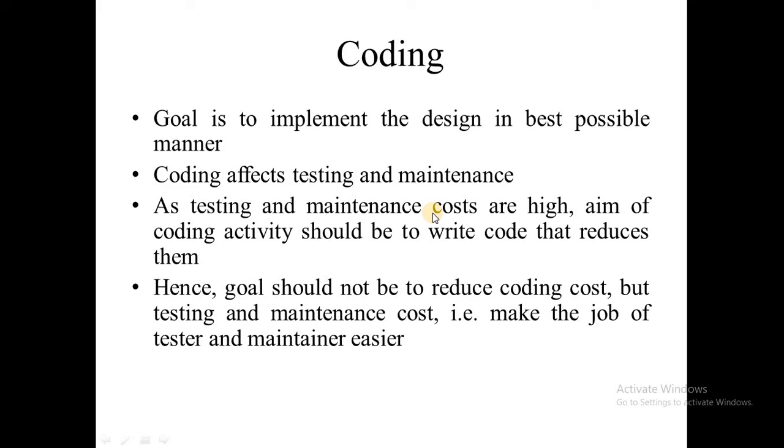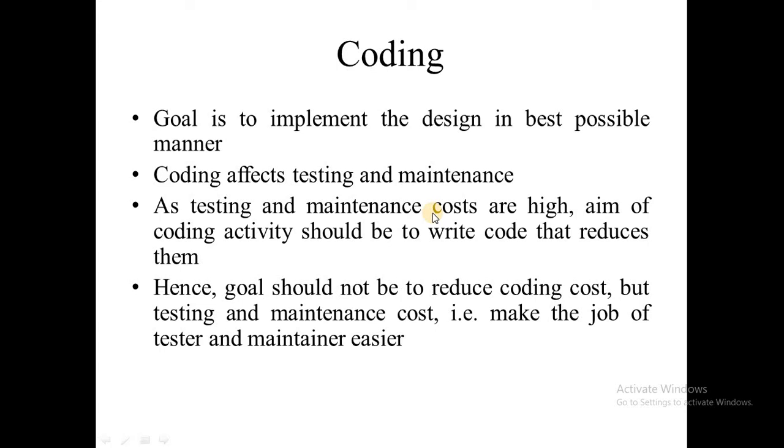Not only implementing the design in the best possible manner, another major goal of coding is that it should not affect the next phases, like testing and maintenance. The reason is, if any technical errors or issues happen in the coding phase, after the software product is completely built, it obviously affects the testing and maintenance phases.